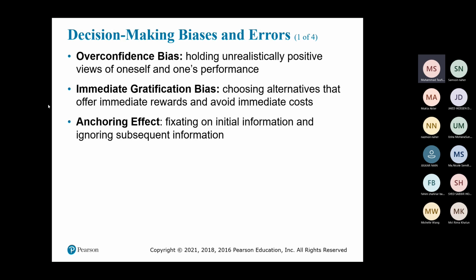And then the second mistake is immediate gratification. You choose the alternative that offers an immediate reward and avoids immediate cost. So you only choose the solution that gives you an immediate result. You didn't think about the effect in the longer term.